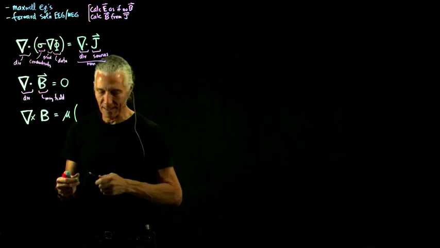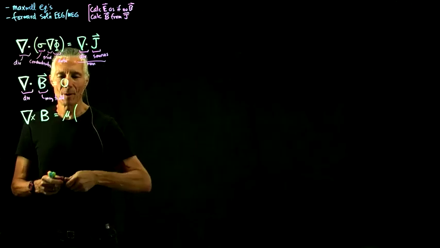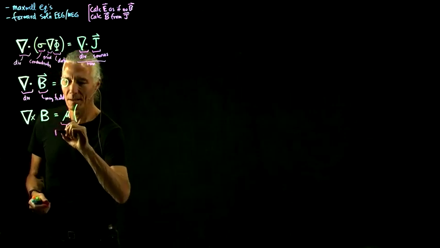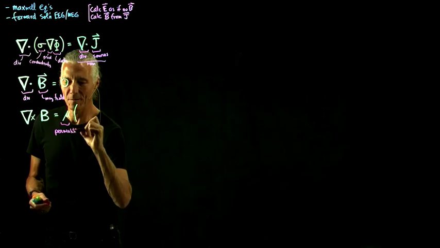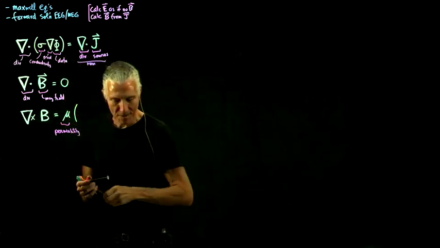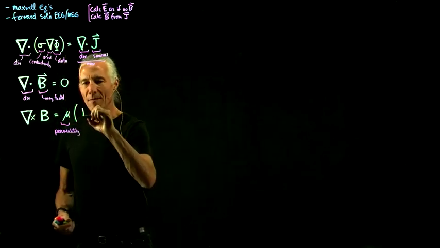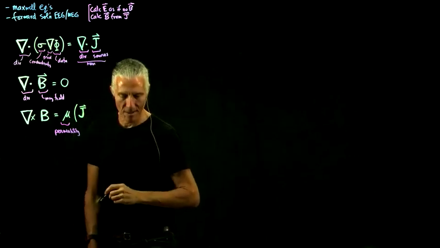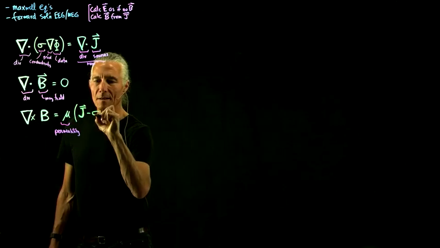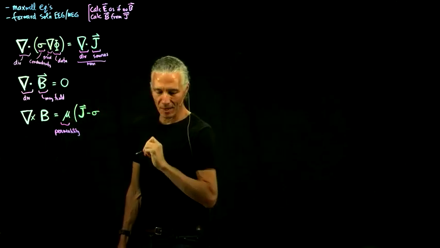So that's a constant called the permeability, the permeability to magnetic fields. And now we have our currents here. So those are our sources again. And then that's the conductivity.